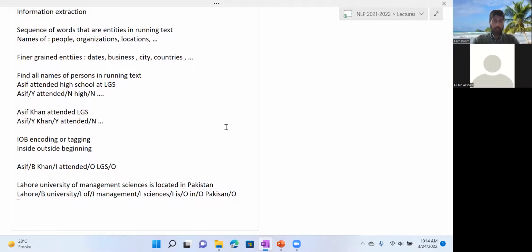Okay, so that's the tagging appropriate for named entity recognition. Once you have done this transformation or encoding, your problem essentially becomes a sequence labeling problem. You have an input sequence, which is a sequence of words, and an output sequence of the same length, which is a sequence of tags.